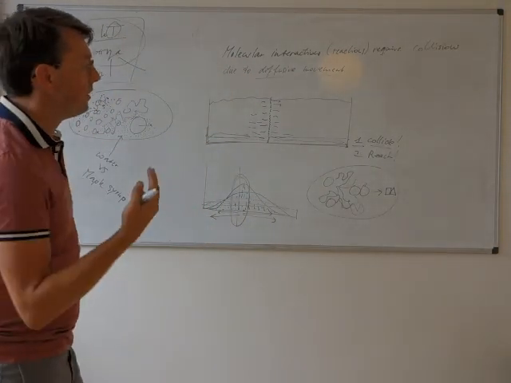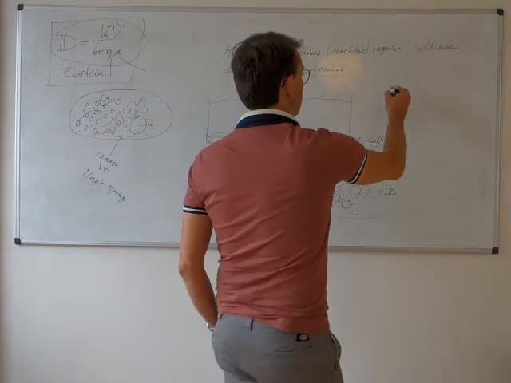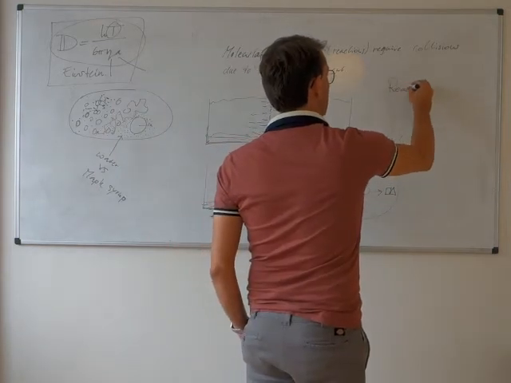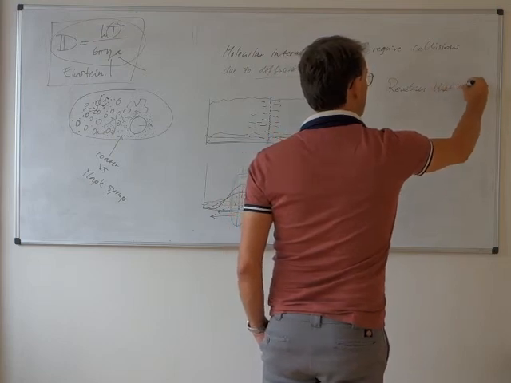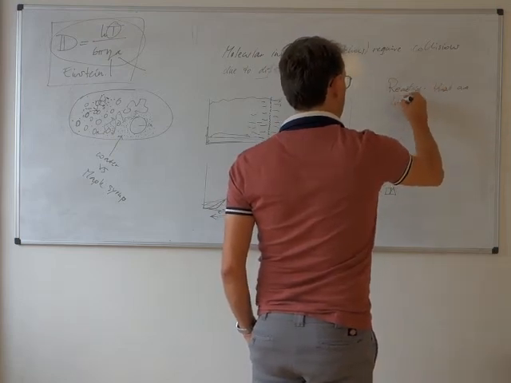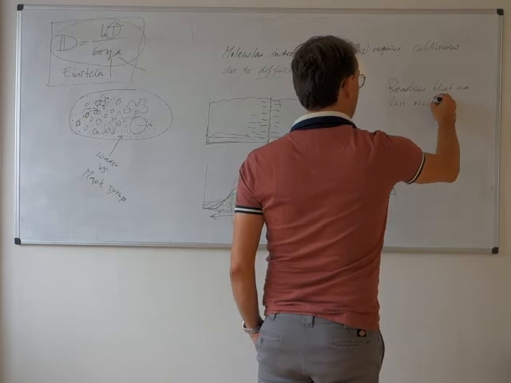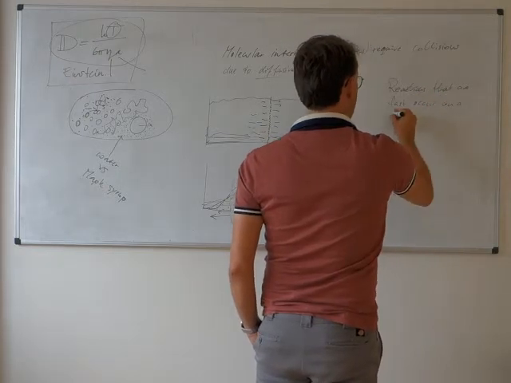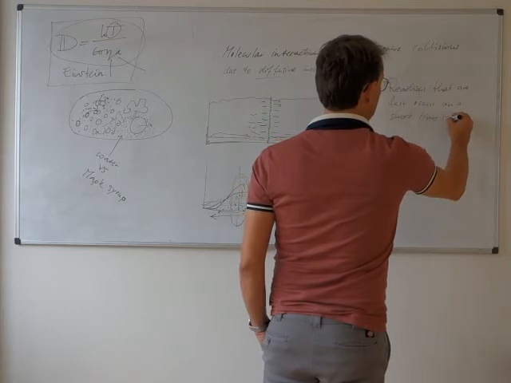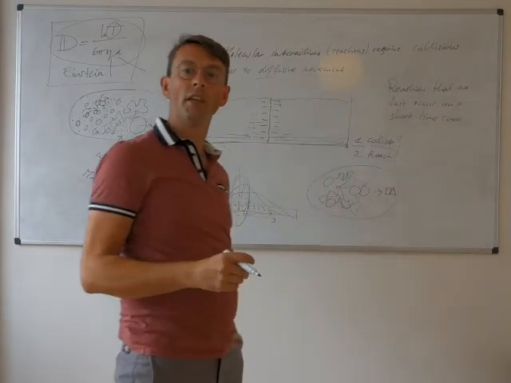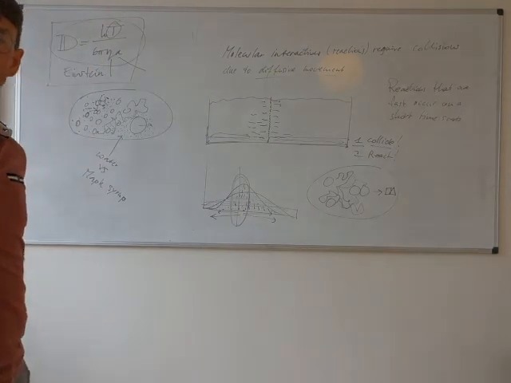So now reactions that are fast occur on a short time scale. So a fast reaction, let's say, is milliseconds or microseconds, as opposed to one that takes hours to complete, right?